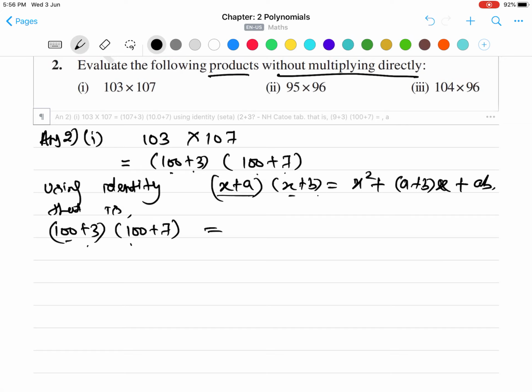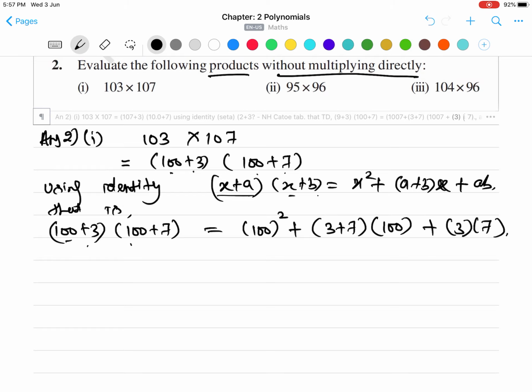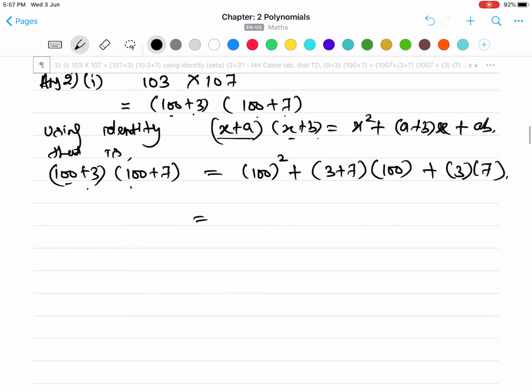So this is x², x here is 100 squared, then (a + b), a is 3, b is 7 into x, x is again 100, then a into b, a is 3 and b is 7. So this will be 100 squared will be 10,000, then we have plus 3 plus 7 is 10, 10 into 100 is 1000, then we have 3 into 7 is 21.